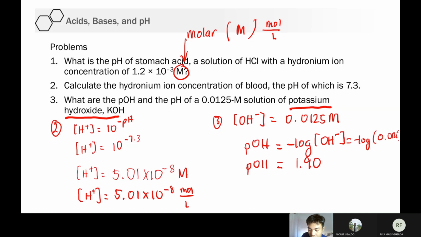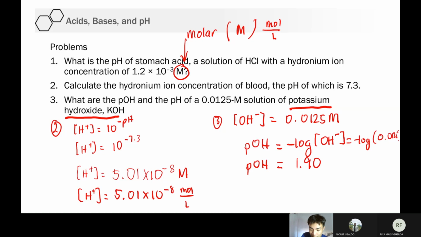Yan yung pOH. Okay. So, bakit pOH kinuha natin? Kasi ang meron tayo dito ay concentration ng OH. Paano mo malalaman? Kapag yung iyong salt ay hydroxide. Basta may hydroxide, OH yan. Okay. So, pag may makita kayong hydroxide, OH agad yan. So, ganun.